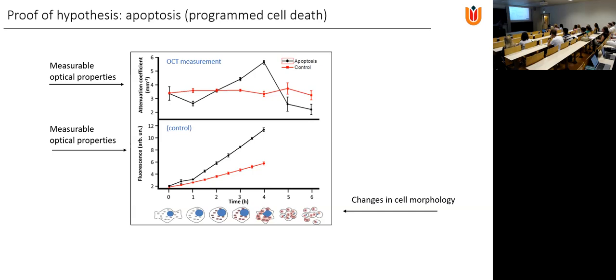A second technique is by looking at fluorescence of these cells, and there also you can see that there was an increase in fluorescence in the apoptotic group. So basically, it showed us that the hypothesis is reasonable: if these changes occur inside cells, you can pick them up with OCT.